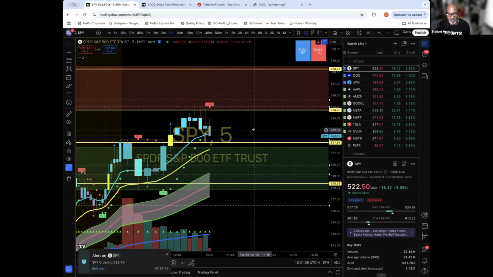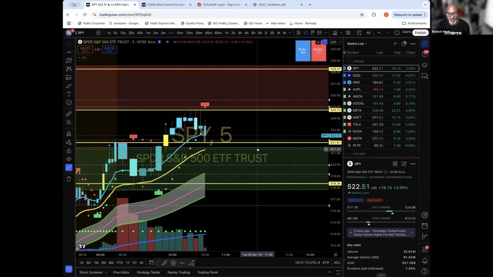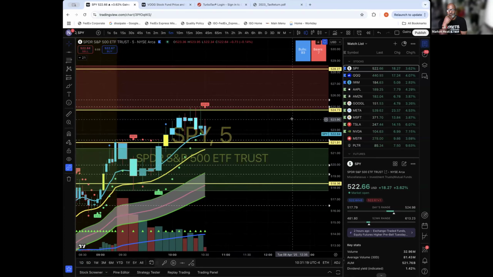Now let's see if it continues that downward momentum, because it needs to break this level, 522.12, for me to even think about seeing it going to 519.96. And this is literally how I'm in and out of the market so quickly.